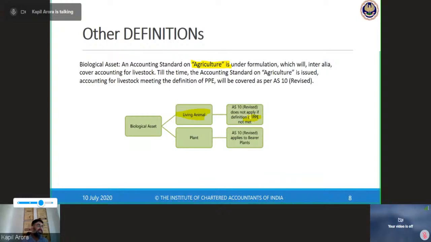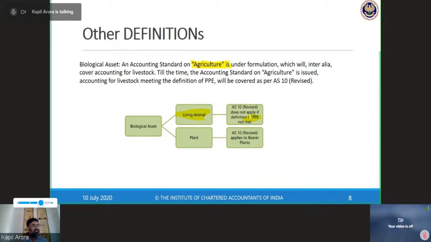So you can understand this with an example. Let's say a race course may have horses, and these horses are generating money for them. These horses are providing maybe gambling services, not in India, but in some other countries.